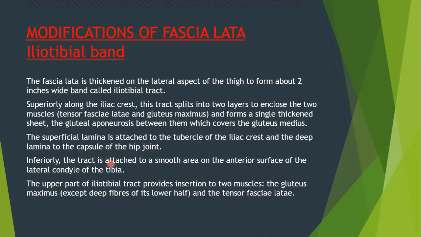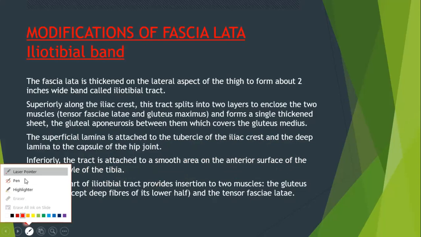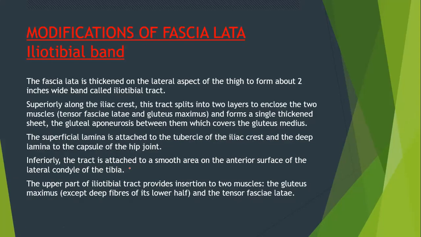Inferiorly, the tract is attached to a smooth area on the anterior surface of the lateral condyle of the tibia. Now, some texts will refer to this smooth area as Gerdy's tubercle. Maybe I will try to write that.